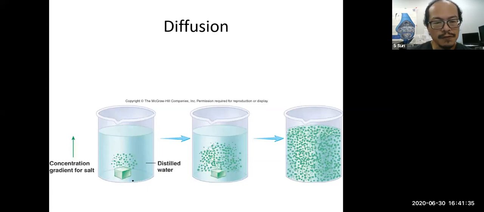Here, diffusion, for example: you have a substance here. It starts to release its substance. It will gradually fill the environment. The direction of the net movement is from high concentration to low concentration.